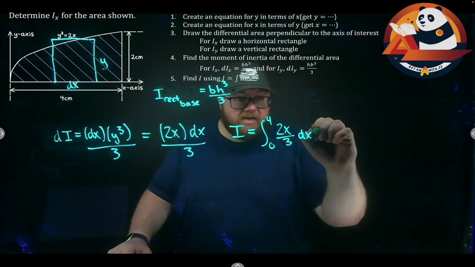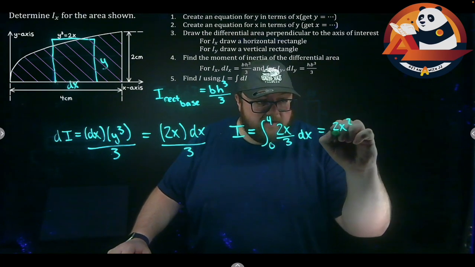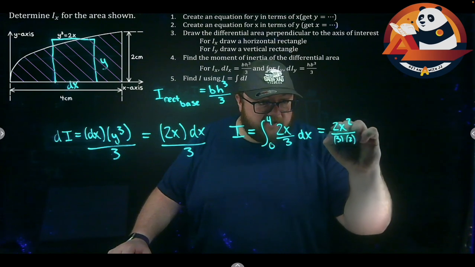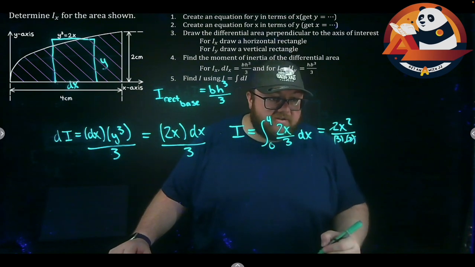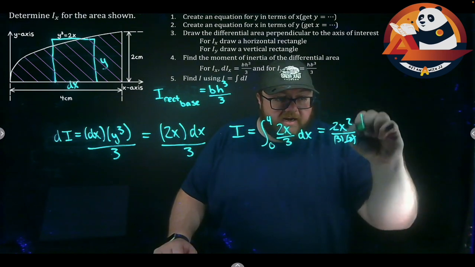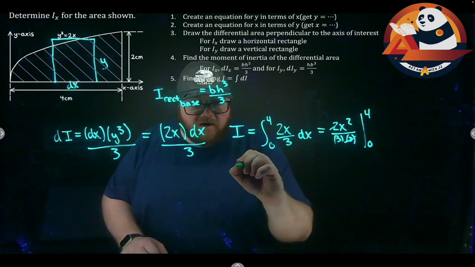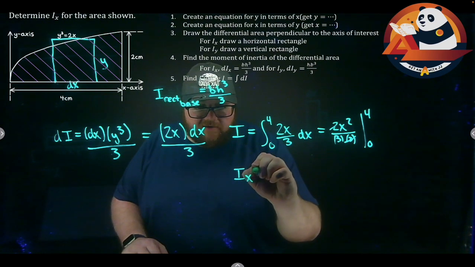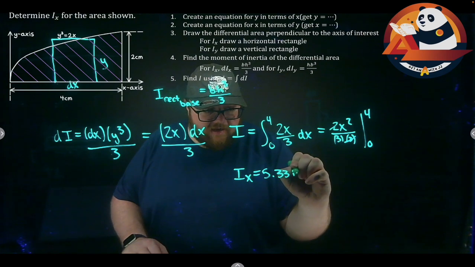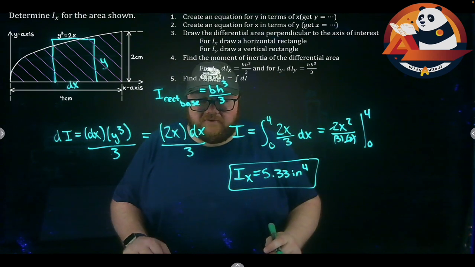This is going to get me 2x squared divided by 3 times 2. Those 2's are going to cancel. And we're left with x squared over 3, evaluated from 0 to 4. Our Ix value is 5.33 inches to the 4th, which would be our final answer.